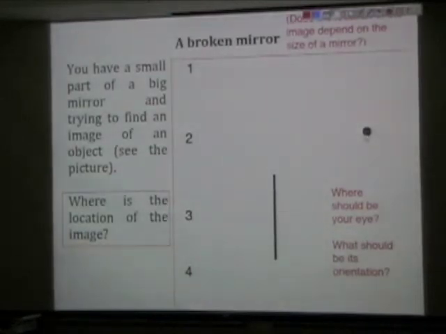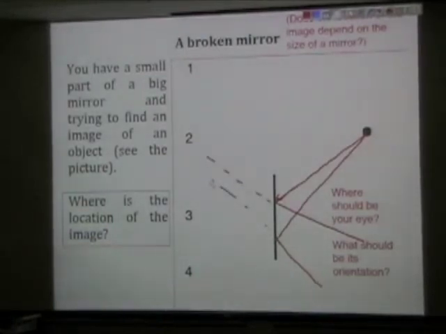And again, this light would be reflected like this. This ray would be reflected something like this. I really need to use a protractor, a ruler, to draw an ideal picture.